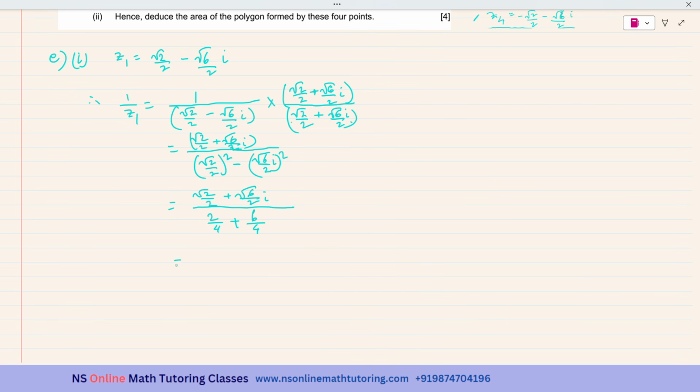So this is equal to root 2 over 2 plus root 6 over 2i divided by 2, which is equal to, sorry, 2 times 2 is 4, so root 2 over 4 plus root 6 over 4i. Okay, so this is 1 over z1 in a plus bi form. Root 2 over 4 and root 6 over 4, these two are real numbers.